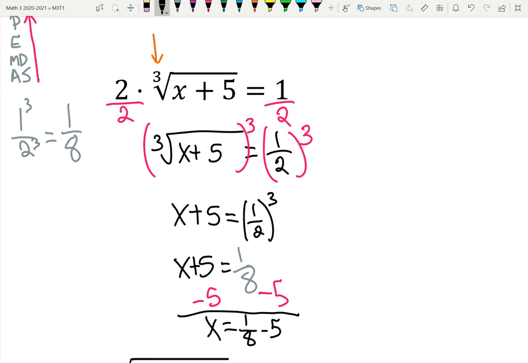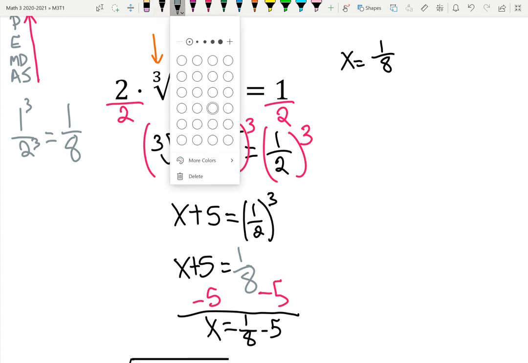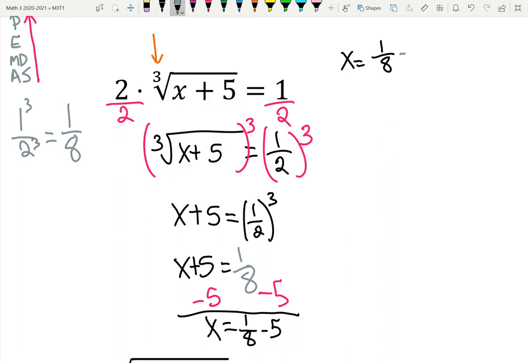And I can go ahead and use my integer rules. I need to rewrite -5 with a denominator of 8. So I want to multiply both the denominator and the numerator by 8. This is going to produce negative 40/8, right?